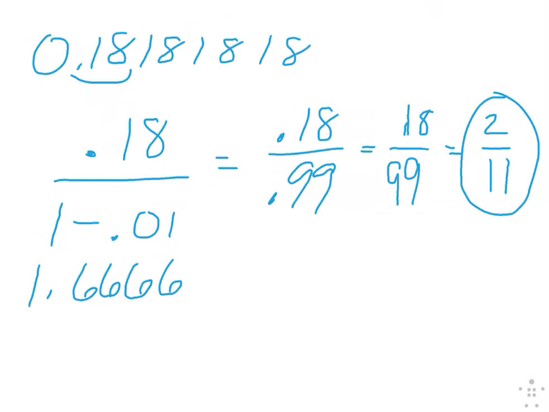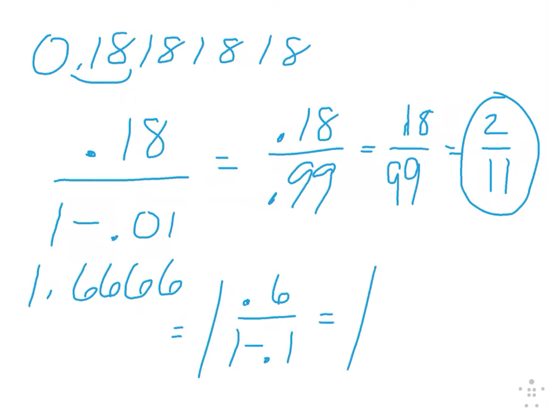First of all, when you have a number in front of the decimal, that's your whole number, which a lot of people were wondering about on the first one. So just put the whole number there and leave it. How many decimal places repeat? 1. So 0.6 over 1 minus 0.1, because it was only 1 decimal place.